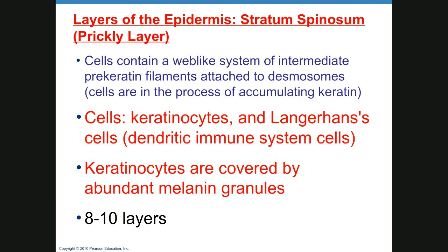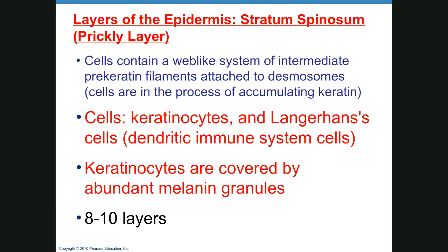Let's see. The next layer is the stratum spinosum. Spinosum means prickly, and the reason why this is called stratum spinosum is because when these cuts of the skin are prepared to be viewed under a microscope, they put in alcohols, and alcohols shrink the cells.